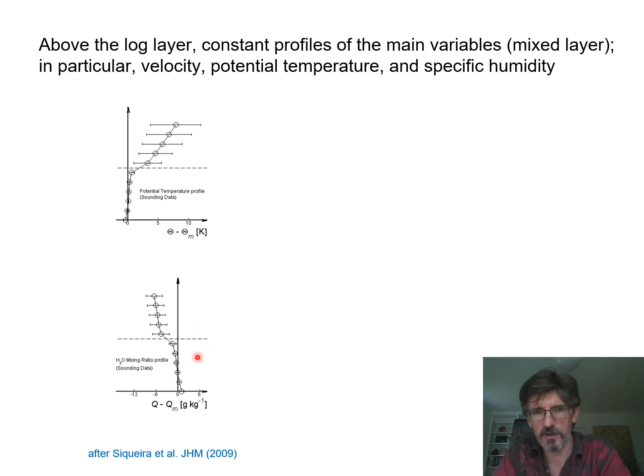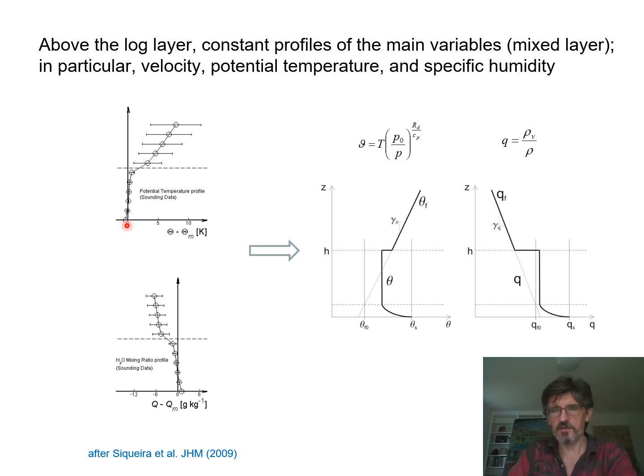But what is important for us is that this one is almost constant and this one is almost constant. So we'll keep them constant throughout this layer that changes in time. So we will have a height of the boundary layer, which is a function of time, between a tiny logarithmic layer here, which is exaggerated in comparison, and the free atmosphere, where there are these linear profiles of specific humidity and potential temperature that vary linearly according to gamma theta and gamma q, which are the lapse rates.